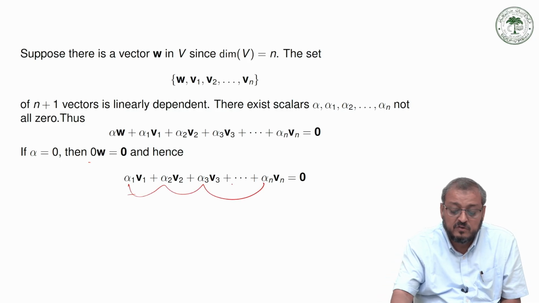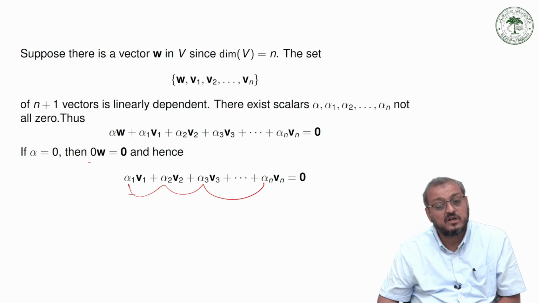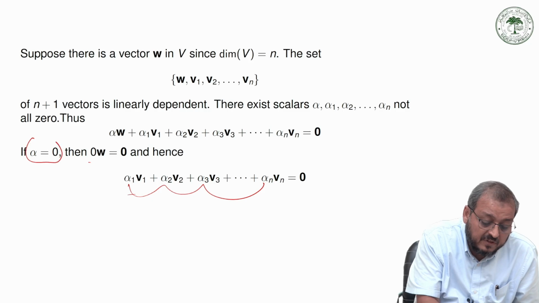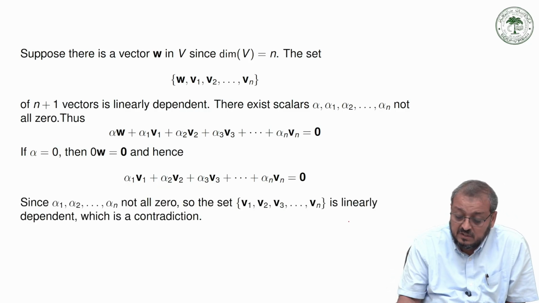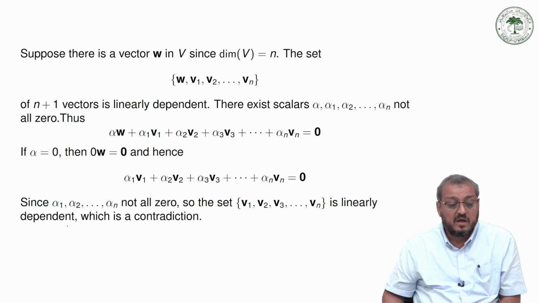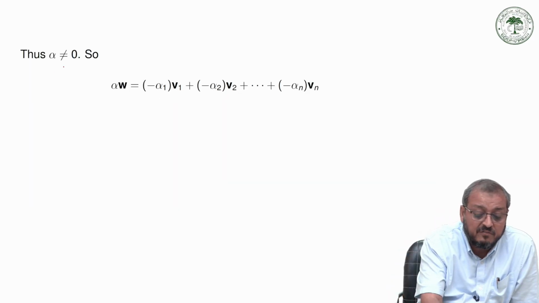Why? Because v1, v2, ..., vn are linearly independent, so each of alpha 1, alpha 2, ..., alpha n is equal to 0. That means our assumption is not correct, which contradicts the linearly independent set. So alpha is not equal to 0.